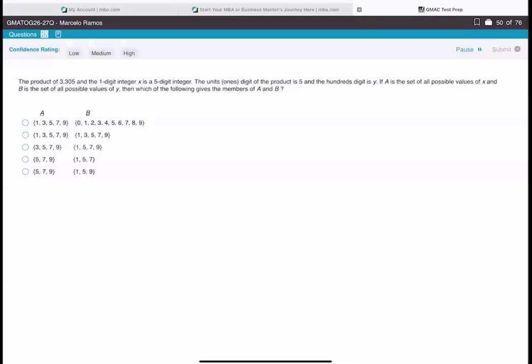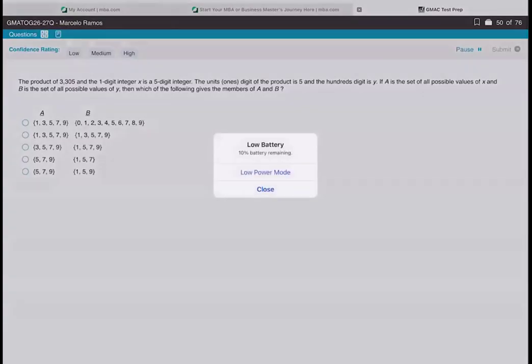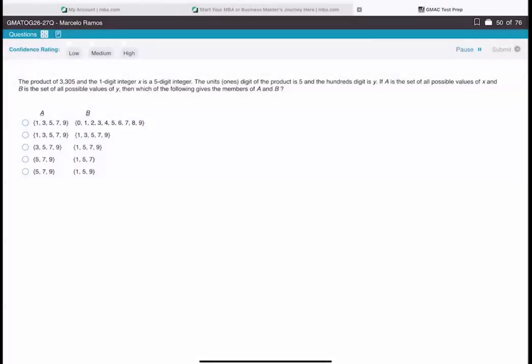The product of 3,305 and the 1-digit integer x is a 5-digit integer. The units digit of the product is 5, and the hundreds digit is y.